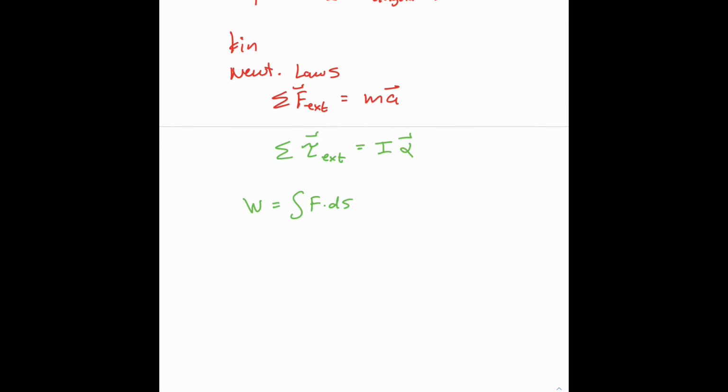So we're going to replace that with an equation that says work for things that move in circles is the integral of, and you can probably guess, torque dot d theta. And remember, work is a scalar quantity found when you take the vector dot product of force and displacement. Torque is a vector, angular displacement is a vector, but the product of the two, when taken as a dot product, gives you a scalar quantity.